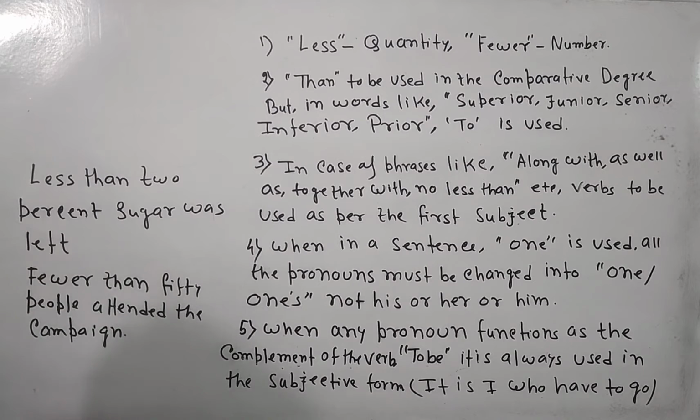We can easily count how many people attended the campaign, 50 people. So it is not like we are going to count sugar. We cannot count sugar, but we can count people.